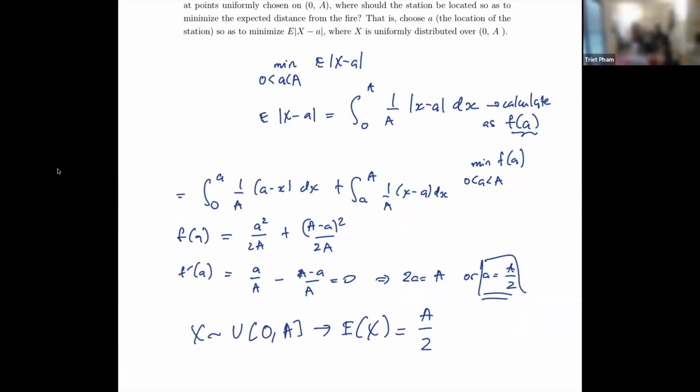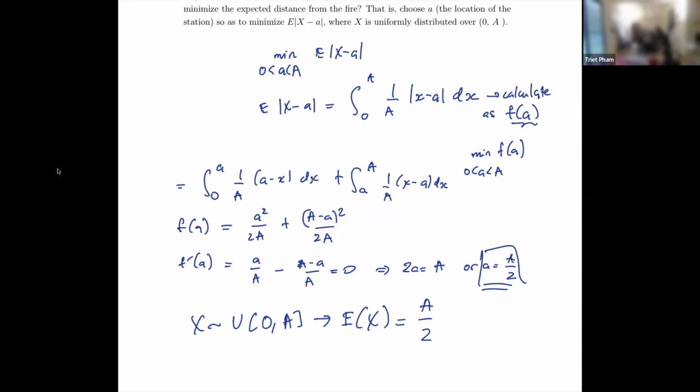But it's excellent that the concept of median is brought up. What is the median of x? Let's call it x hat. The median of x is a value such that the probability x is less than that value is 1/2. It's the value that splits the distribution, 50% to the left, 50% to the right.